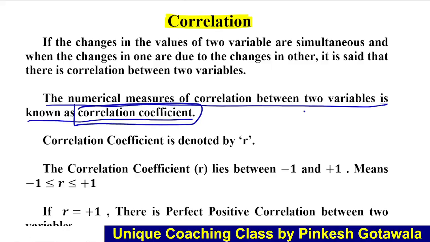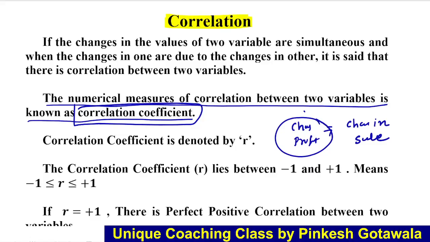So here we just come to know that changes in profit occur due to changes in સેલ. ઓકે પ્રોફિટમાં ચેન્જ આવ્યો શેના કારણે, સેલમાં ચેન્જ થવાના પરિણામે, સેલ ઇન્ક્રીઝ ડિક્રીઝ થયું, પ્રોફિટ ઇન્ક્રીઝ ડિક્રીઝ થયું.